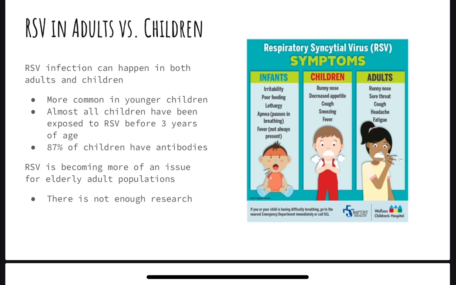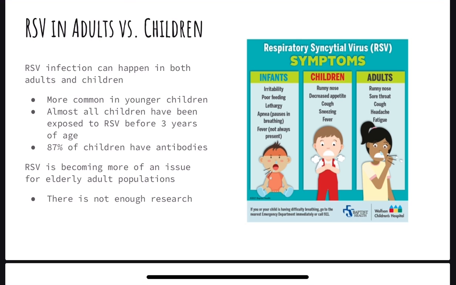RSV can more easily enter their system just based off of their hygiene. It's estimated that about 87% of children have antibodies to RSV before their third birthday. So this suggests that almost all children, about 87% of them, will contract RSV prior to that third birthday.